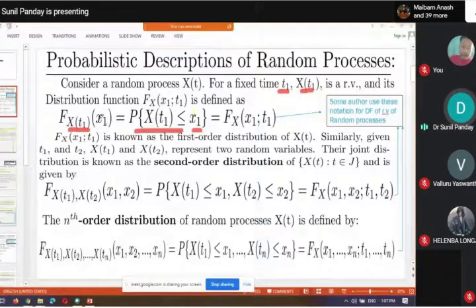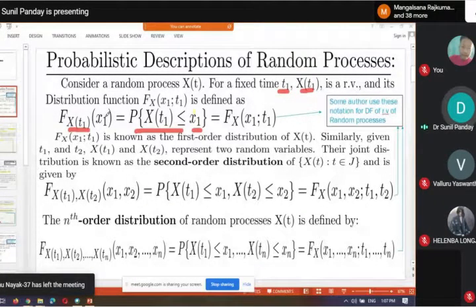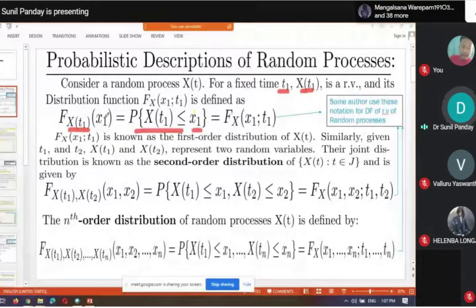the variable. Earlier when we were having only one random variable, it was only x. Since here we are having for every time instant xt1, xt2 and xt, like many random variables, so we have specified variables also like x1 for xt1, x2 for xt2, like this.